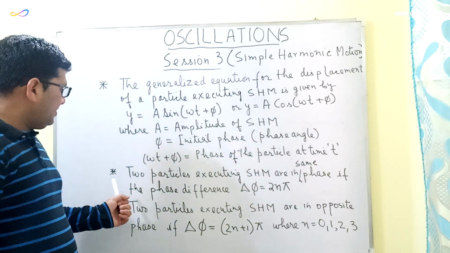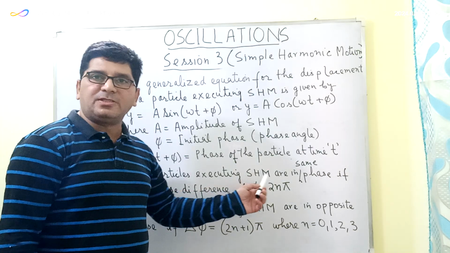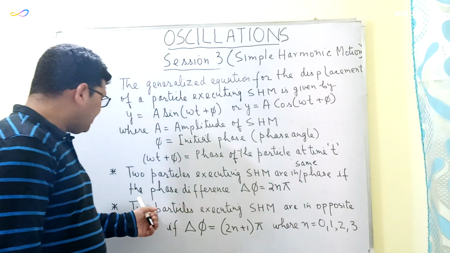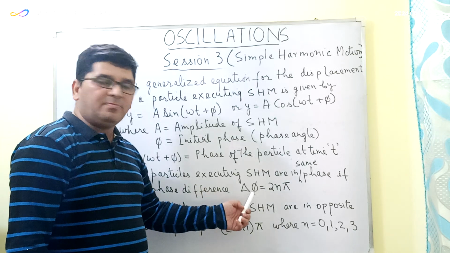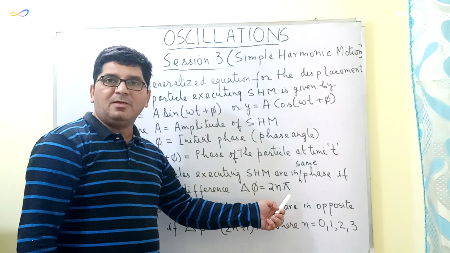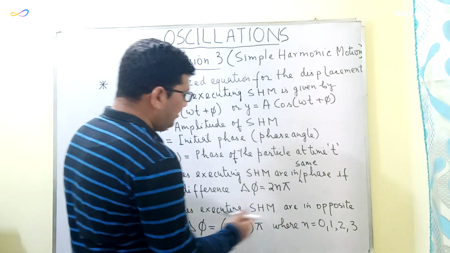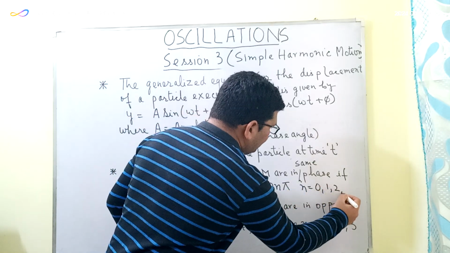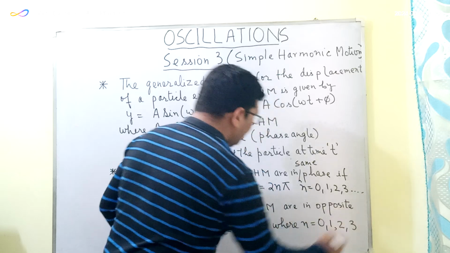The second important point is that two particles which are executing simple harmonic motion are in the same phase if the phase difference between them is an even multiple of π, that is 2nπ, where n is equal to 0, 1, 2, 3 and so on.